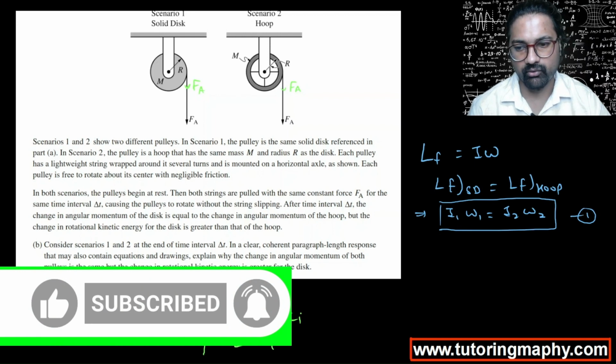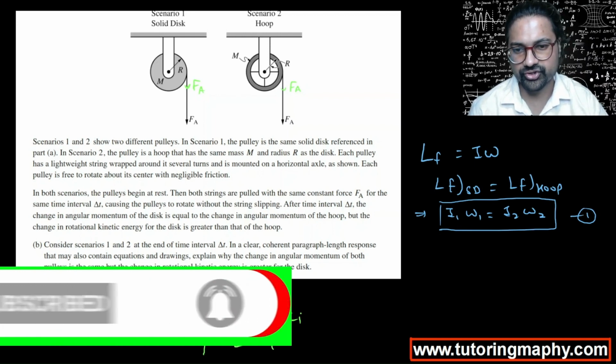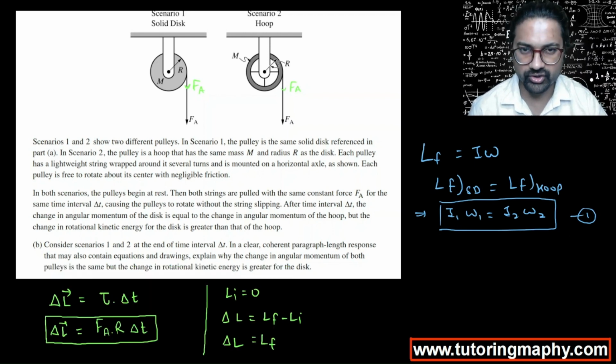Let's mark it as equation number 1. Now, what is the kinetic energy of the initial one? What is the rotational kinetic energy of the disk? The rotational kinetic energy of the disk is going to be I1 omega 1 square divided by 2. That's the formula.